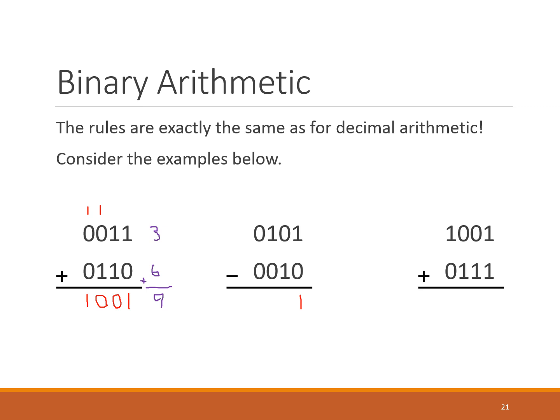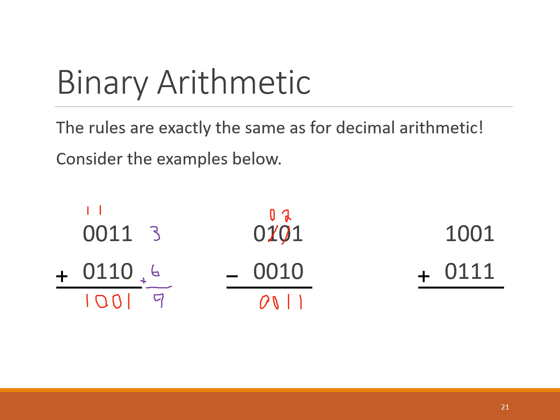So we're getting rid of that 1, bringing it over here, and that's equivalent to a 2 over here. The same way if we had to borrow in doing decimal arithmetic, we would get rid of 1, and instead of a 2, we would put a 10 there. So now we have 2 minus 1, which of course is going to give us a result of 1. 0 minus 0 is 0, and 0 minus 0 is 0.